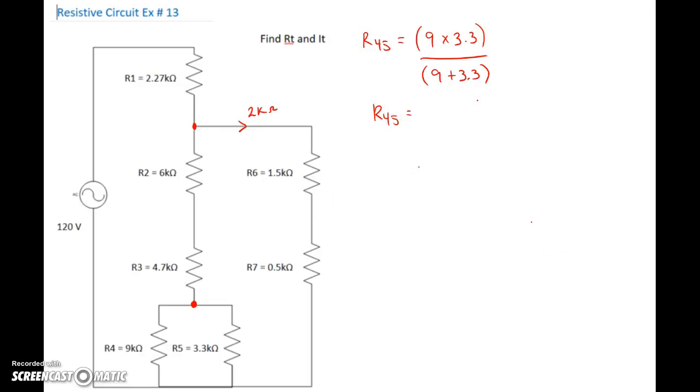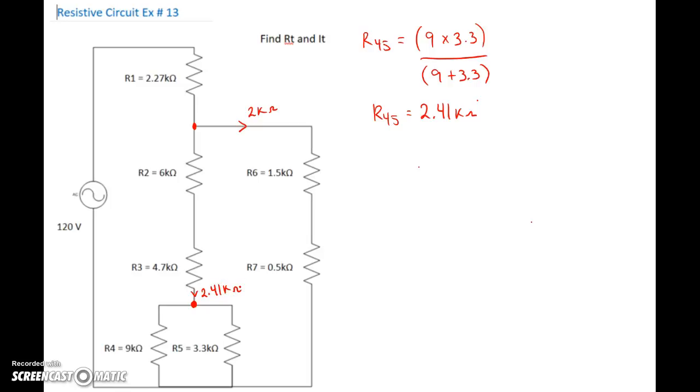Okay, so punch that into your calculator, and you'll find the equivalent. Remember, it's got to be less than 3.3, and the equivalent for that is 2.41 kiloohms. Okay, so everything from here down is the same as a 2.41 kiloohm resistor.